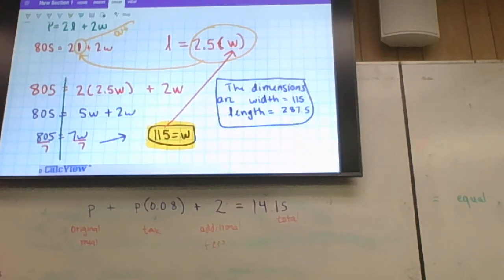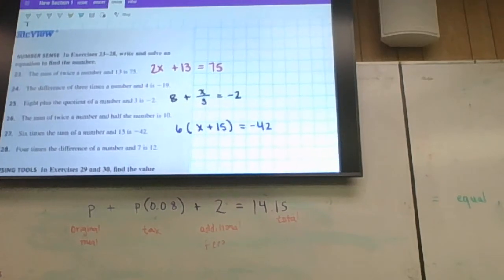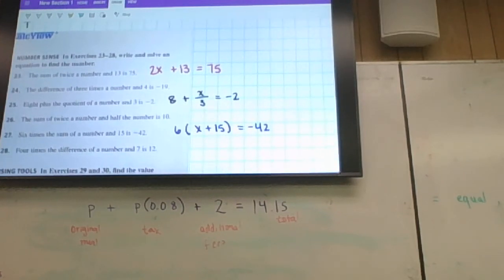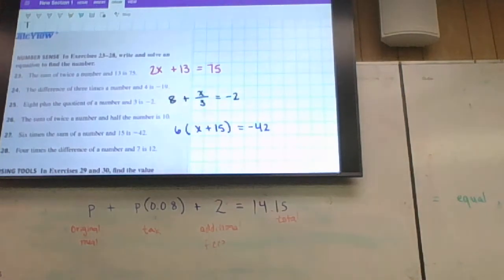And I feel really good about these 4 word problems. We've gone through them all twice now. Let's look at this assignment. This is what it looks like. I figured out that the page numbers in my teacher book are not the page numbers in the student book.